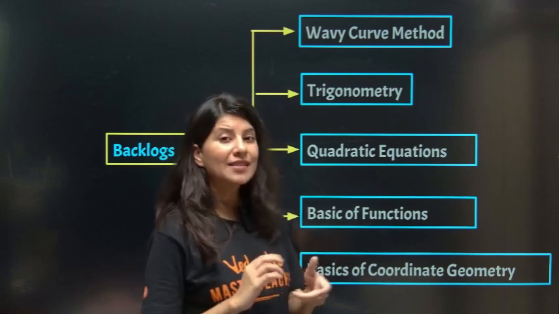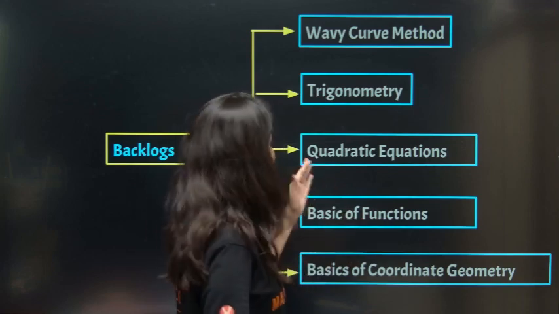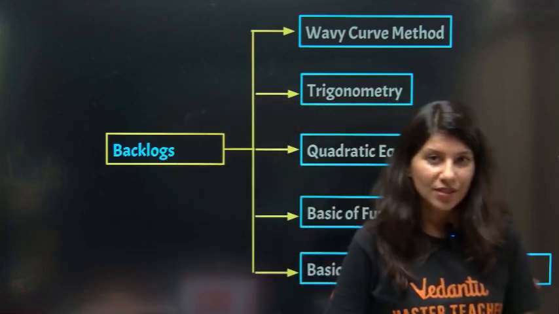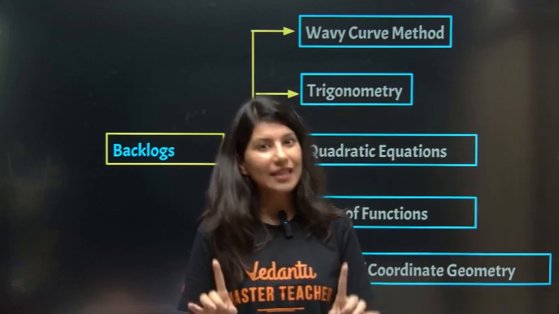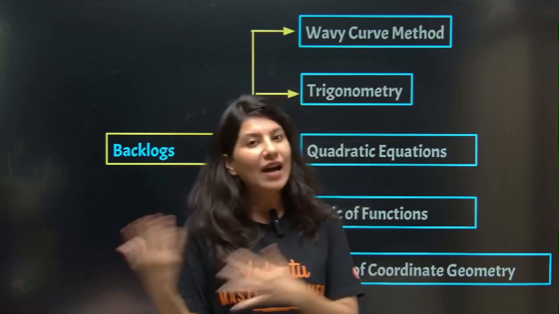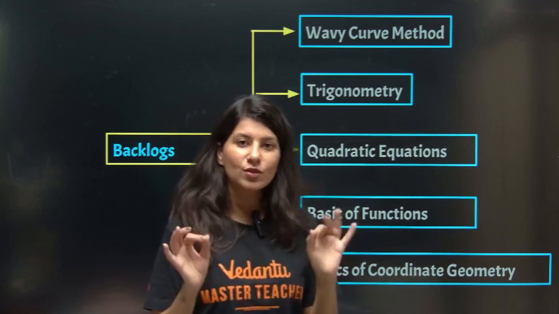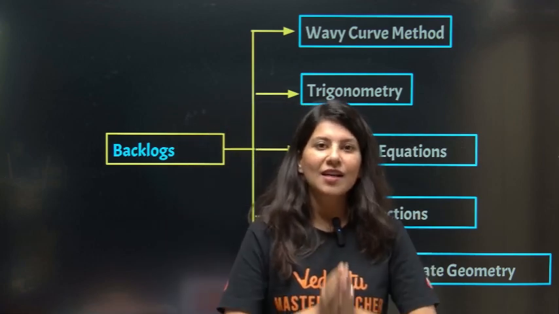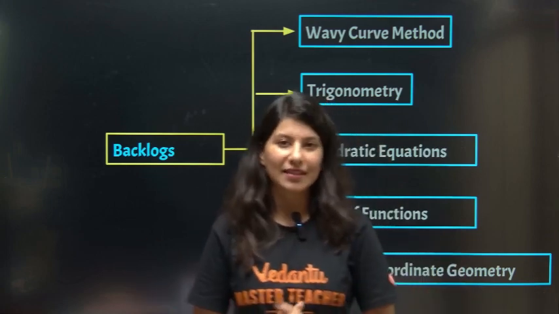You won't be able to understand limits, continuity, differentiability without basics of function. Then we have quadratic equations. Without this, calculus is incomplete. You will be facing so many problems while doing calculus if you skip quadratic equations. And if you skip trigonometry, you'll face a lot of frustration and irritation in complete 12th mathematics, okay?